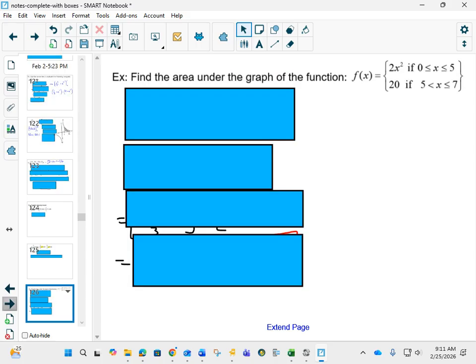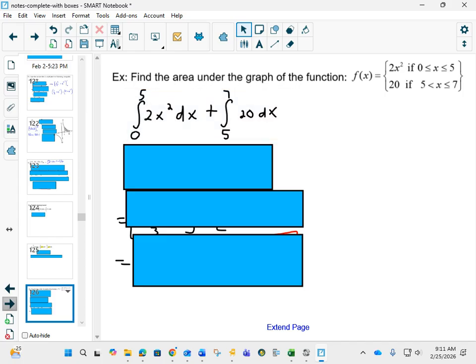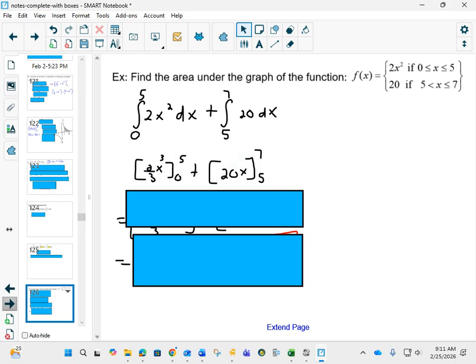Here we have a piecewise function. We want to find the area under the graph of the function, and the function goes from 0 all the way up to 7. So we would have to find the area from 0 to 5 under the 2x squared. And then when we go from 5 to 7, it's going to be under the 20. Each of these are simple integrals. Add 1 to the exponent and divide. 20 will just be 20x.